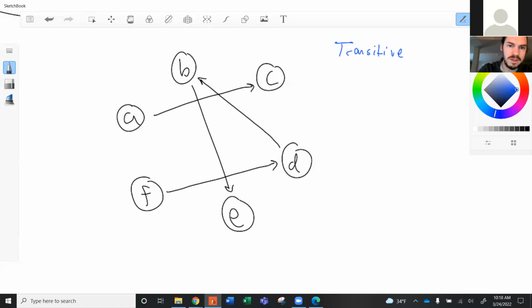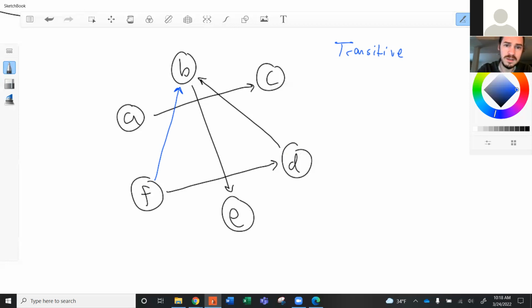So since, for example, F is related to D and D in turn is related to B, we're going to need to add in a relationship that goes from F to B. That one will be required in order to satisfy the transitive property. Does that make sense?